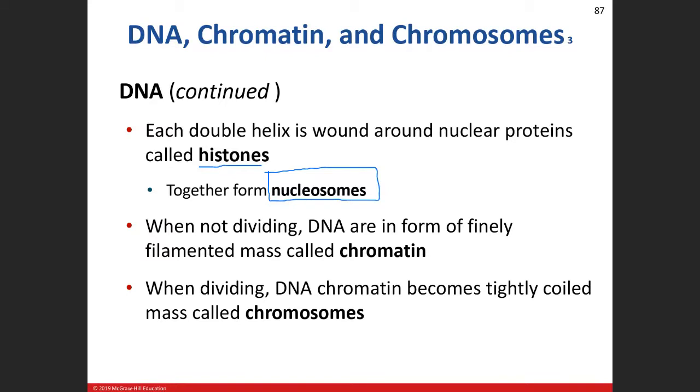Like it says here, when the cell is not dividing, that DNA is going to be clumped into a mass called chromatin. When it does divide, that tightly wound DNA, we call those chromosomes. We'll talk more about that, not in this semester, but when we get into reproduction, at a later date.